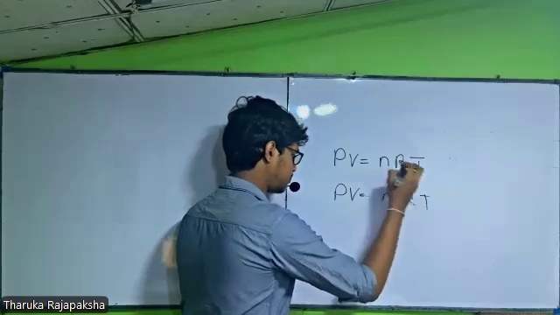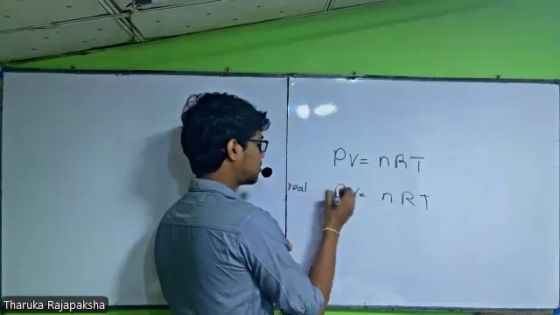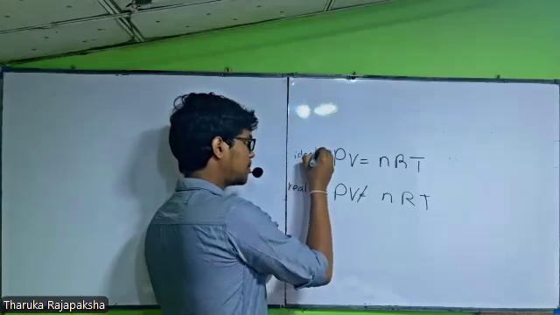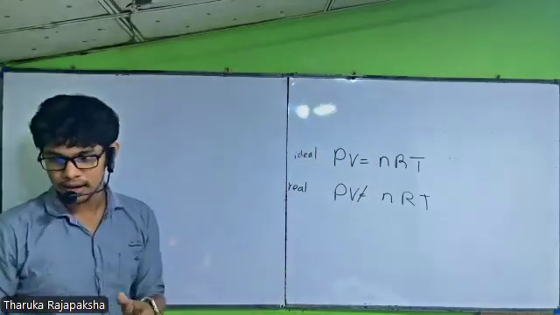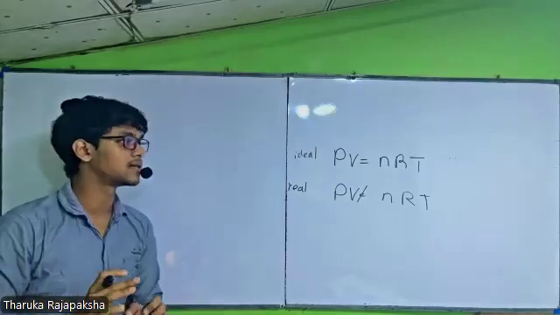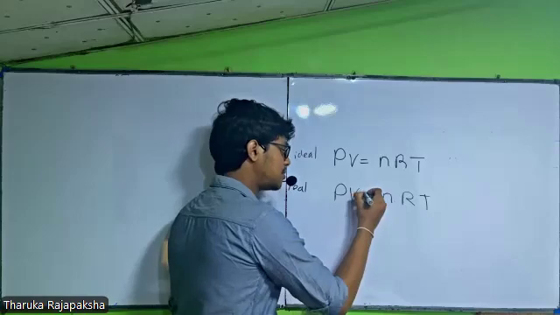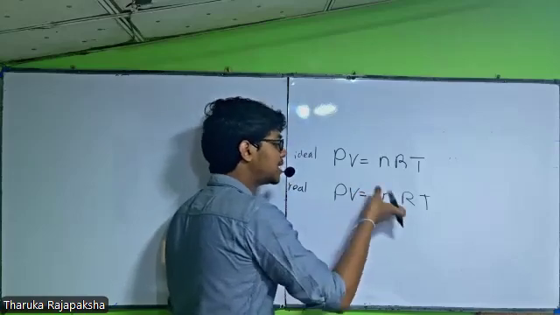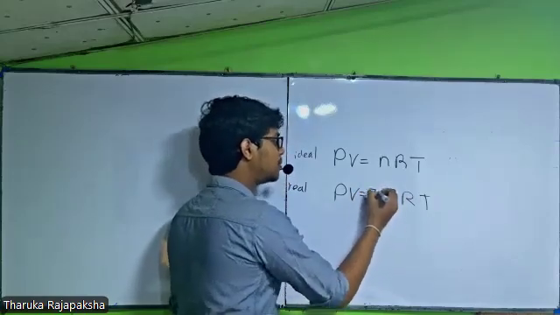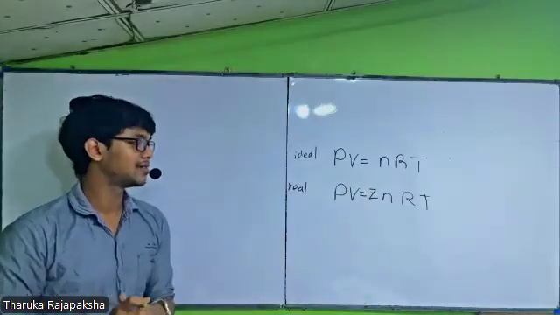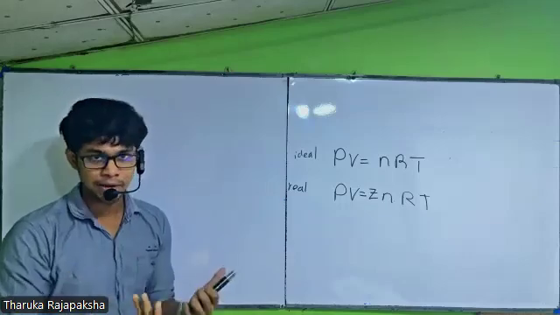That one also you know. For real gases, PV is not equal to nRT. For ideal gases, PV equals nRT. You know this concept. But people, PV is equal to something times nRT. I'll put that something as Z.